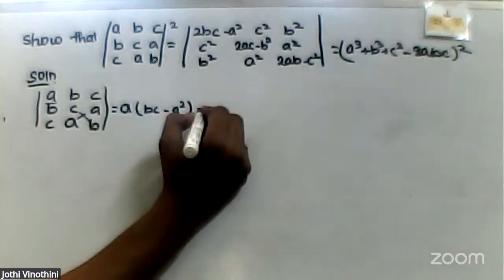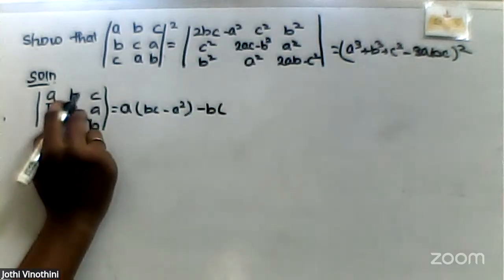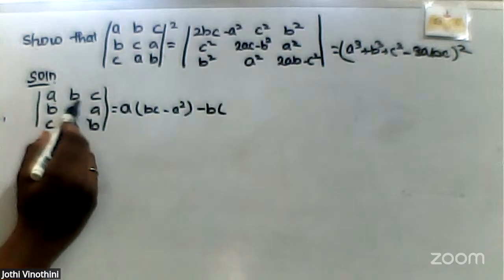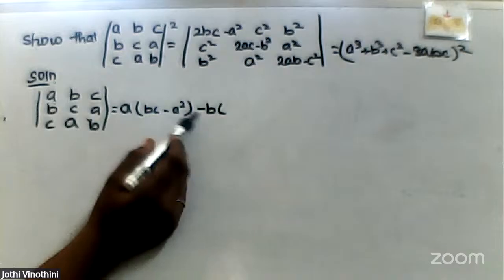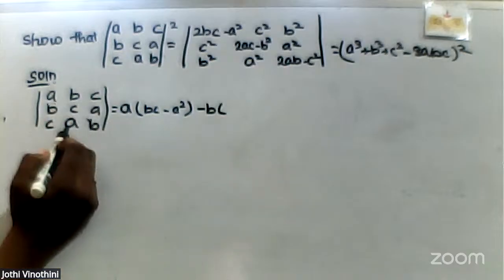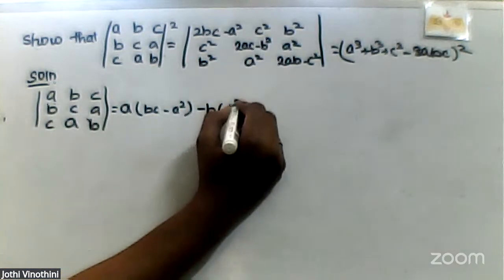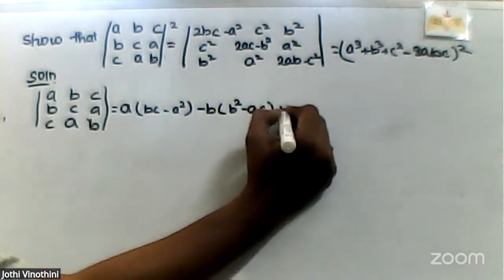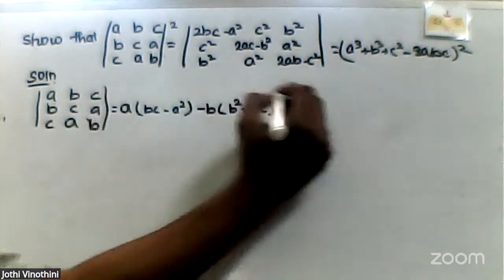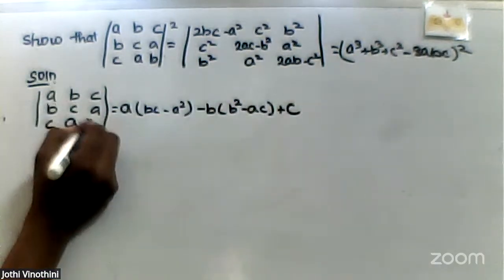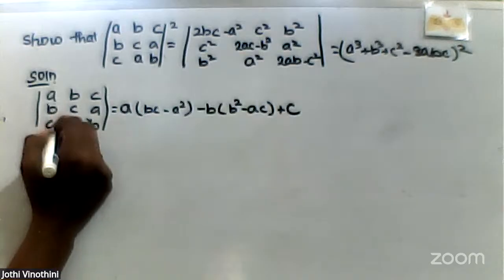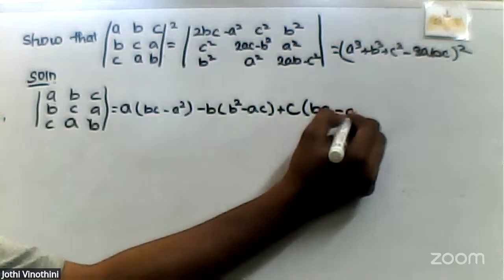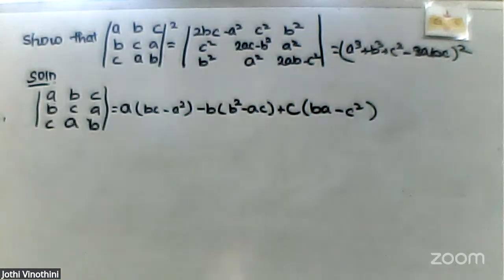And minus B multiplied by, now I am taking this element, so it will become minus B, so we will leave this one. So it will become B squared minus AC, and plus, while taking C, we have to keep this shape and we will have these elements only. So it will be BA minus C squared, right?